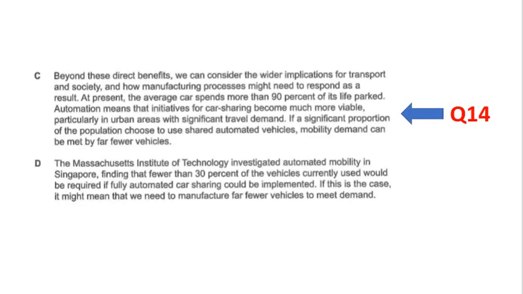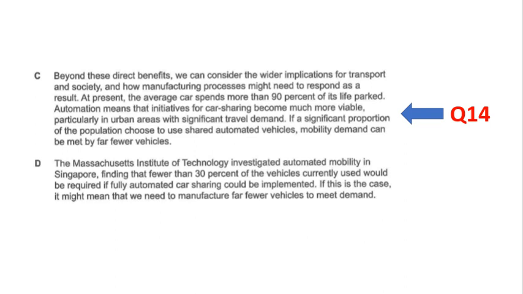So, beyond these direct benefits, we can consider a wider implication for transport and the society. So, they are talking not just about transport, but also manufacturing processes might need to respond. At present, the average car spends more than 90% of its life parked.